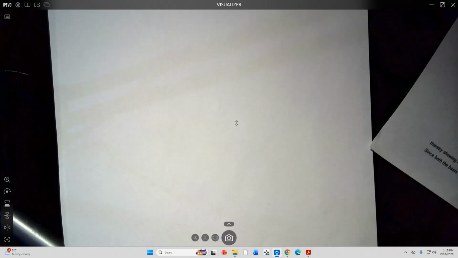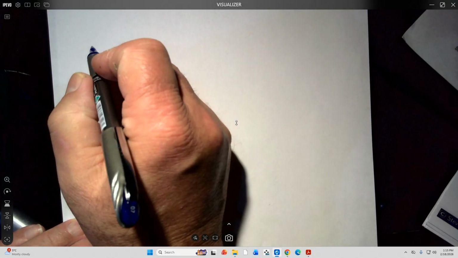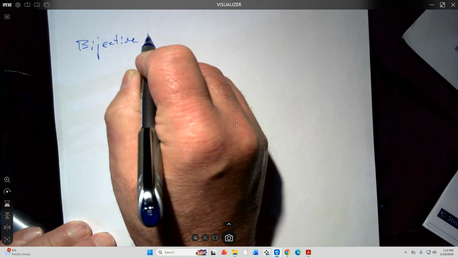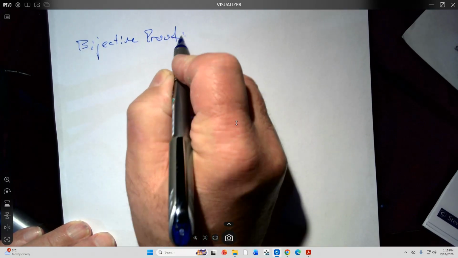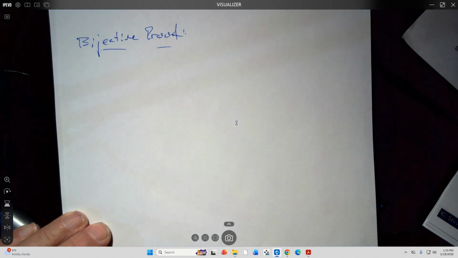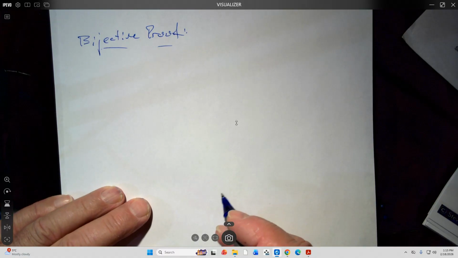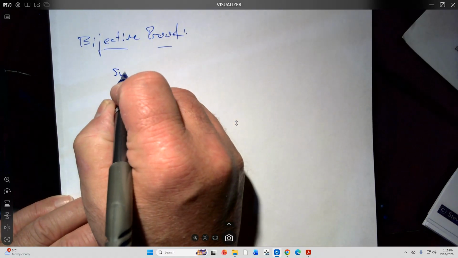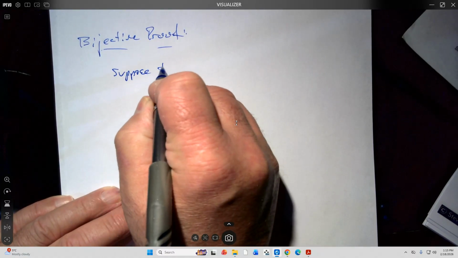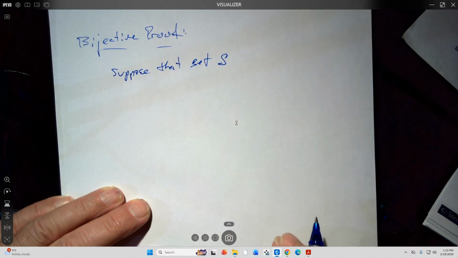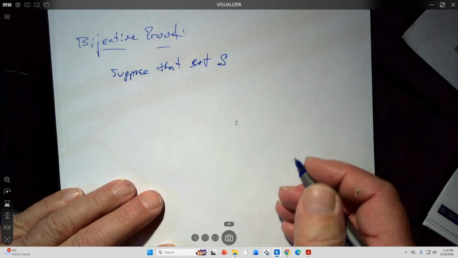All right, here we go. So, bijective proof. I think that's working, yes, bijective proof. Okay, suppose that set S is a set with n elements.